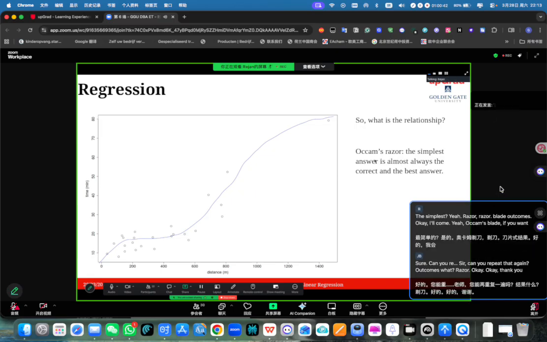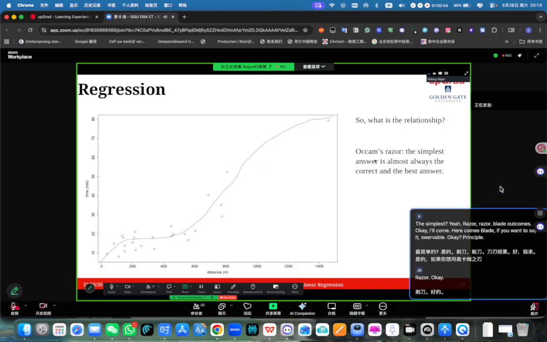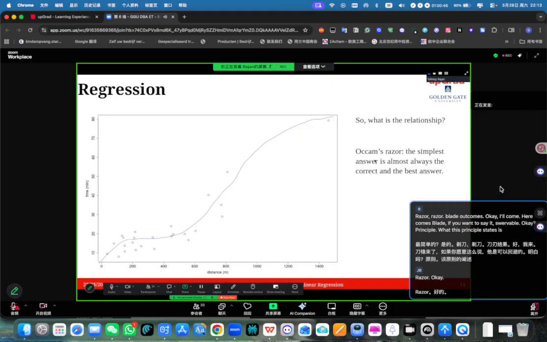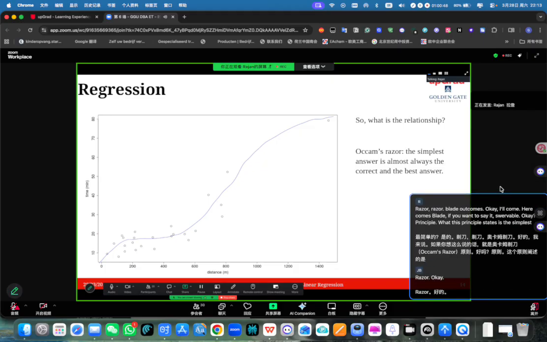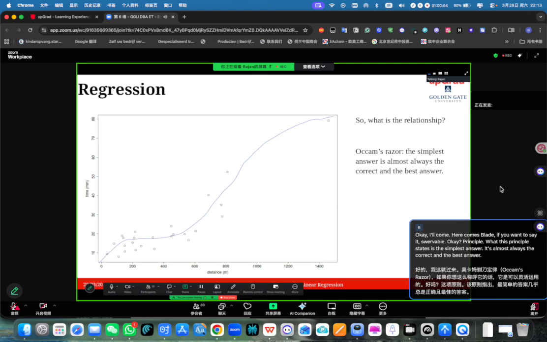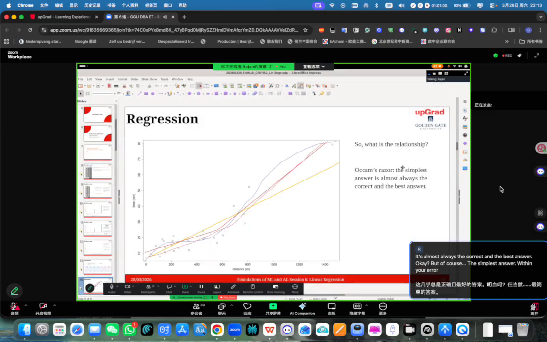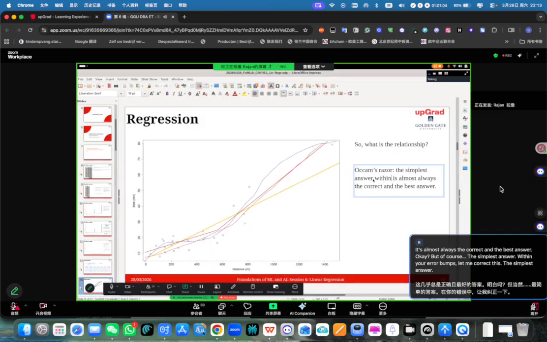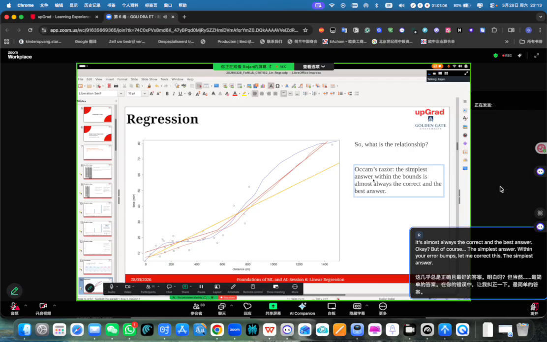What this principle states is the simplest answer is almost always the correct and the best answer. But of course, the simplest answer within your error bounds. Let me correct this: the simplest answer within the bounds of error.